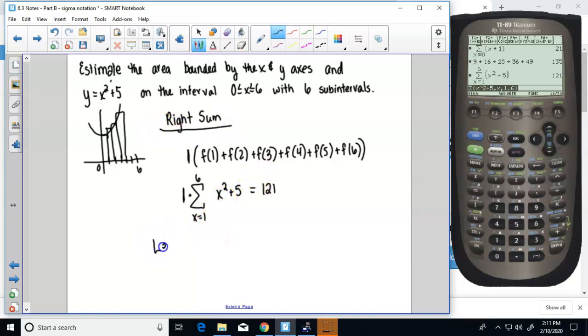What would give you the left sum? Okay, it'd still be 1 times the sum. It'd still be x squared plus 5. And we could change that x to 0. And instead of going from 1 to 6, we would go from 0 to 5. Right there.